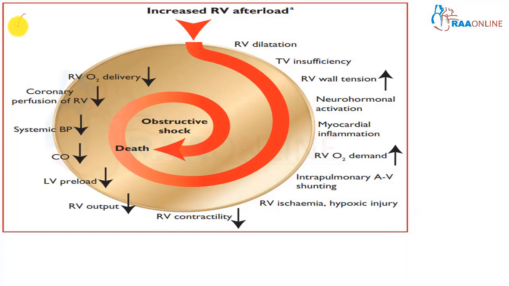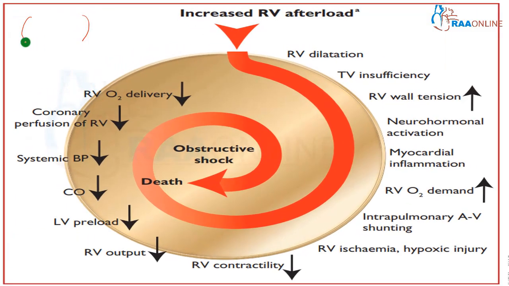So, consider this is your heart, okay. So, you have the right atrium and right ventricle and left atrium and left ventricle, right. So, the pulmonary artery originates from your right ventricle.